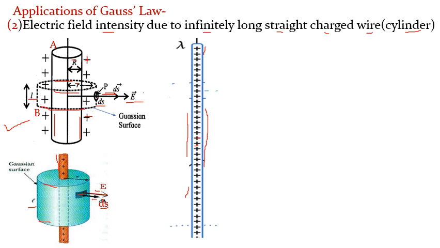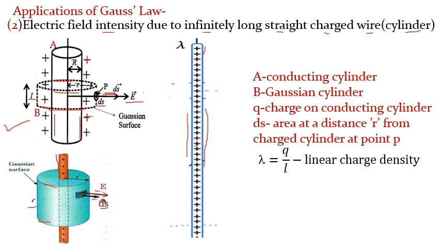Write it yourself in your own language. But in the descriptive part, these must be included: A is the conducting cylinder or wire, B is the Gaussian cylinder, Q is the charge on the conducting cylinder, ds is the area element. One more point is here, this lambda.